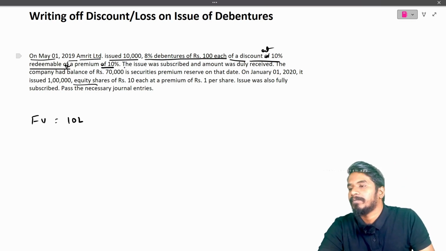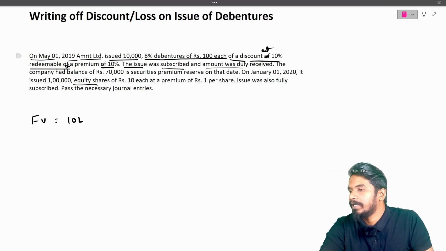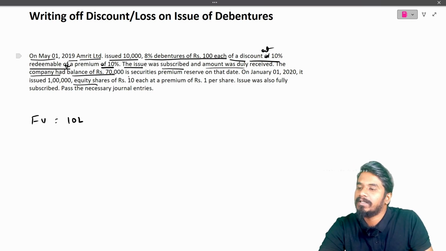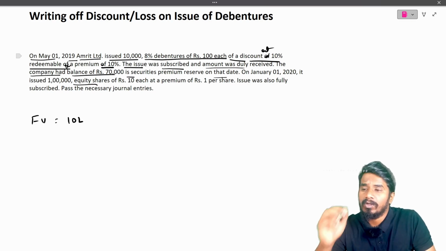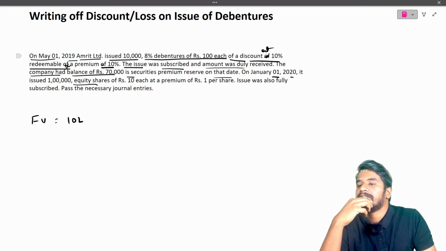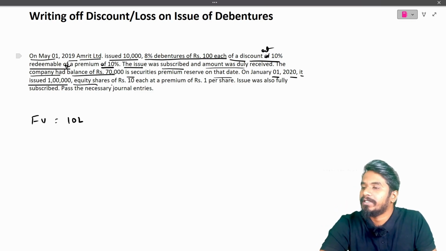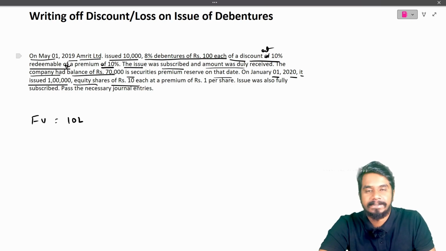So let us read the question. The issue was subscribed and the amount was fully received. The company had a balance of 70,000 in securities premium reserve on that date. On January 1st, 2020, it issued 1 lakh equity shares of rupees 10 each.